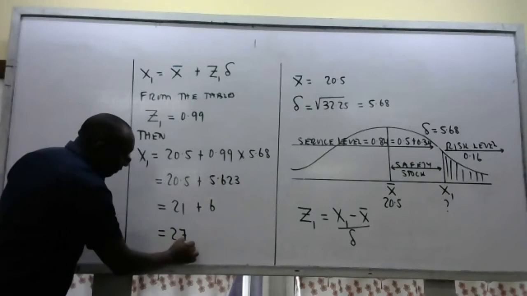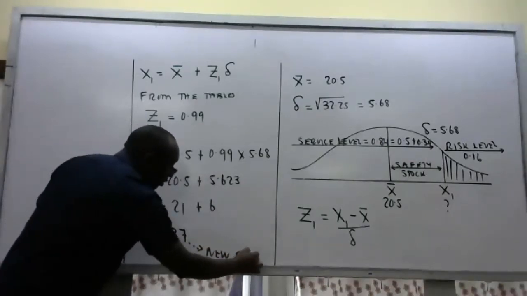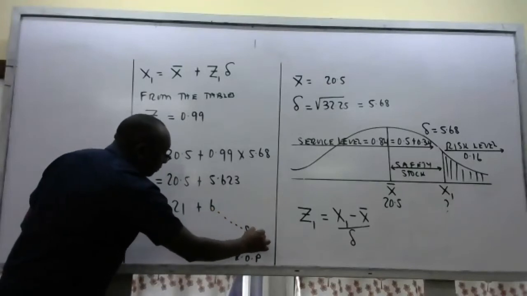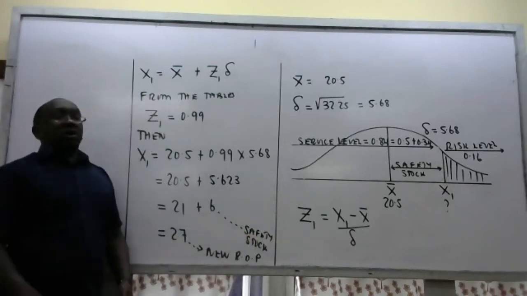So this 27 will be your new reorder point, and this 6 is the safety stock.